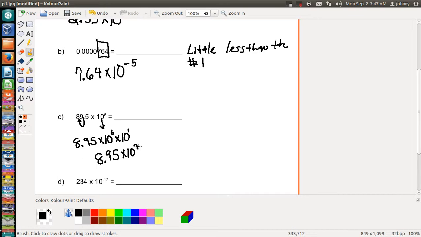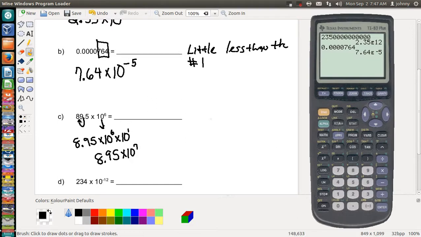Now, to show you that that's correct, let's pull up the TI-83 calculator, and you can type it in just like you see it here. 89.5. Now, to do the times 10 on the calculator, there's a few different ways you can do that. You can punch it in as times 10 and then raise it to the power of 6, and this calculator will put it in the correct number of powers of 10 for you. So watch. Notice it went 8.95 E7.